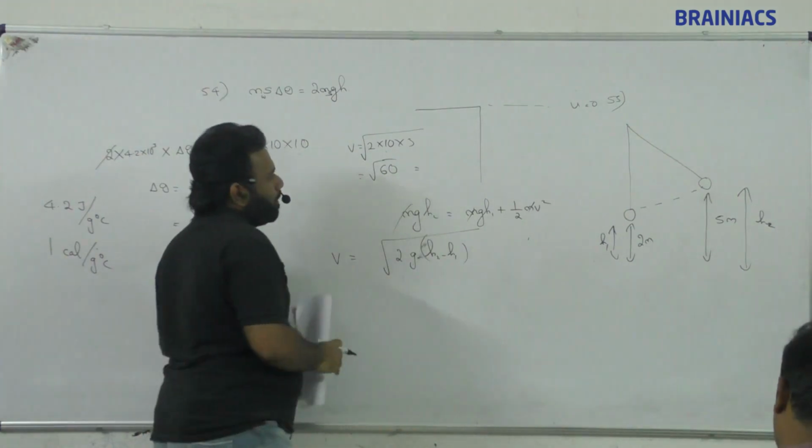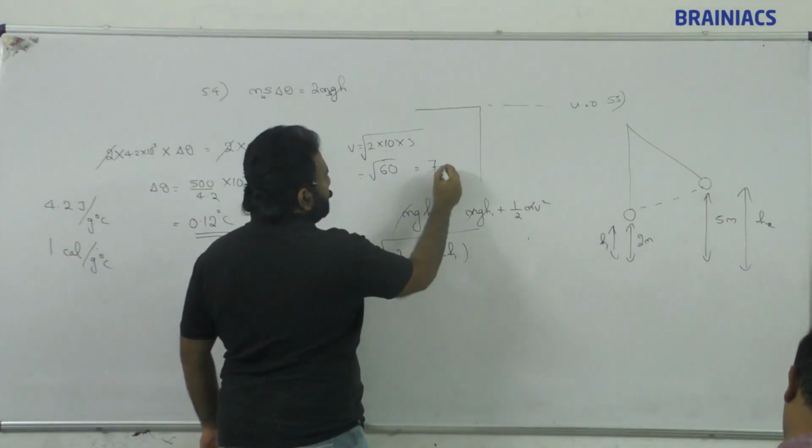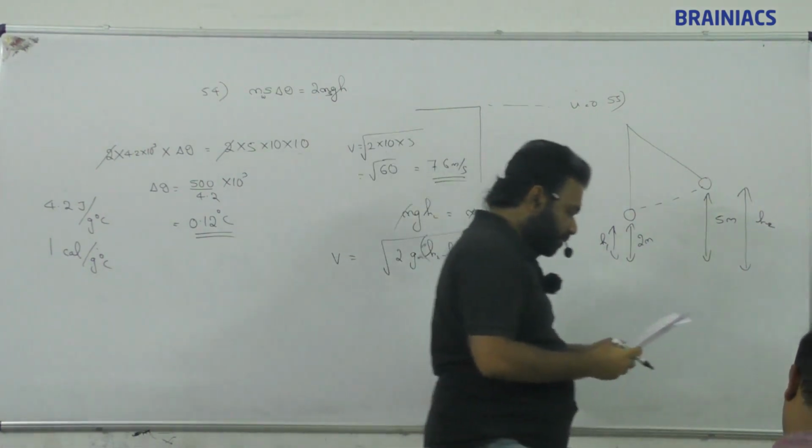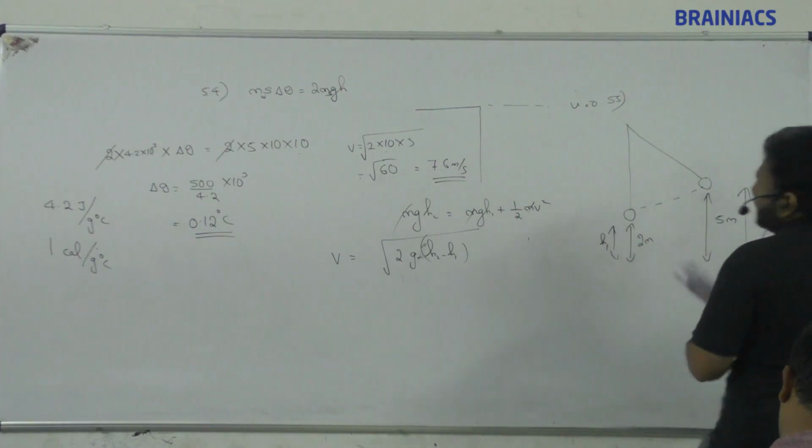So the answer will be 7.6 meters per second. Correct? What is the option? A.